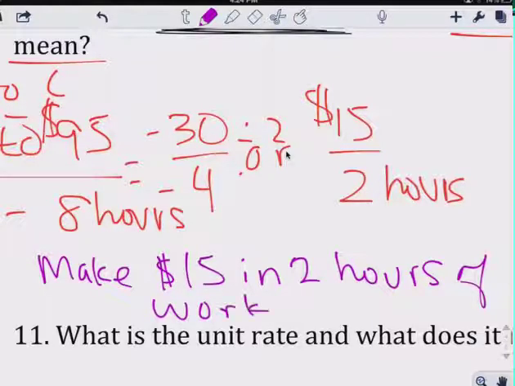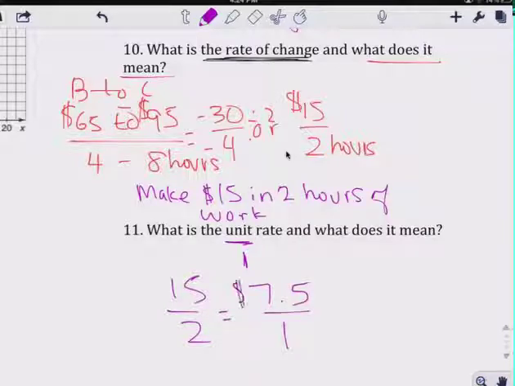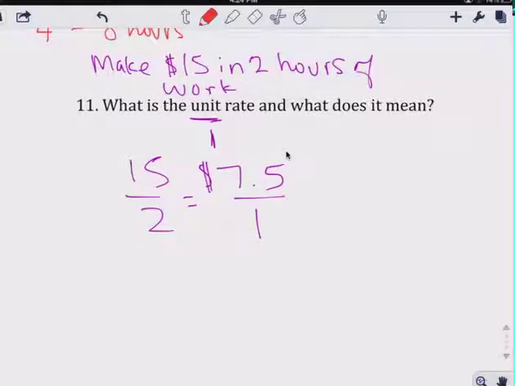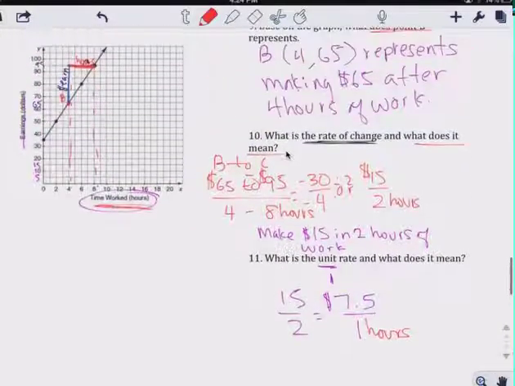What is the unit rate? Unit rate, remember, it's 1, so you divide this to find 15 divided by 2, which you get 7.5 over a denominator of 1. What does that mean? That means that you make $7.50 for every hour you work. This is, remember, hours. Hours is from right here. I didn't make it up. Hours, money earned.